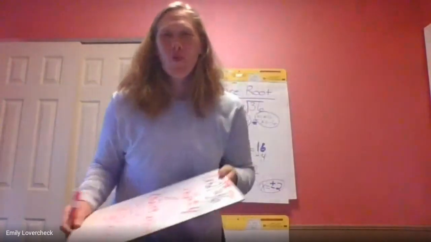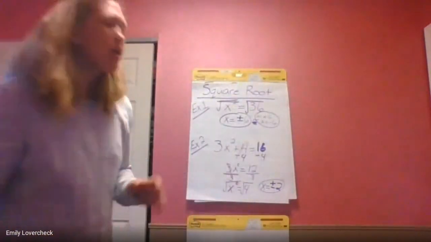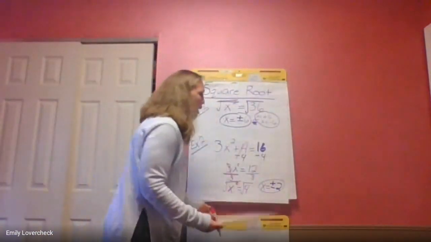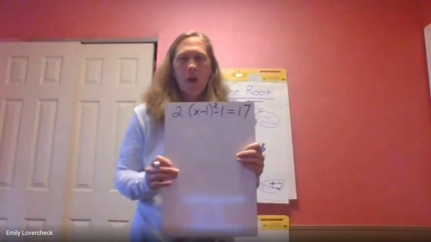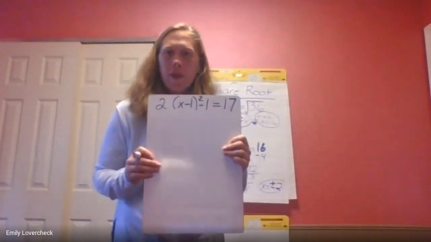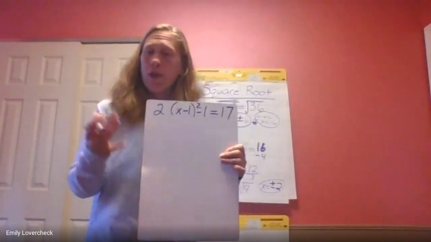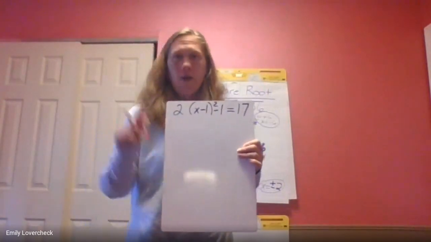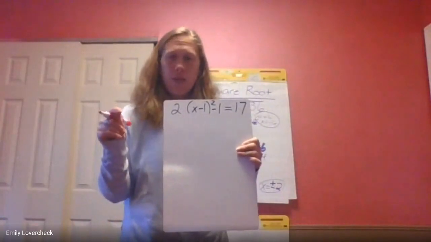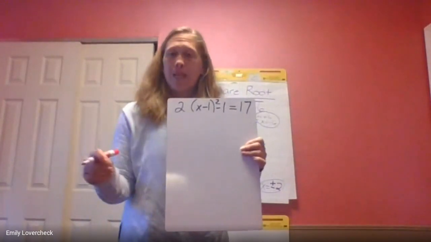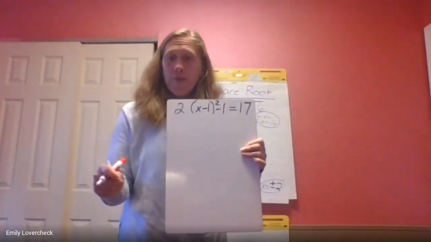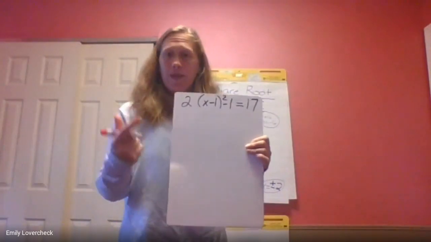Okay, let's do one more here, just something a little more complicated. This will probably be the hardest thing you'll see on your test. I have 2 parentheses, x minus 1 squared, so that whole binomial squared, minus 1 equals 17. The first thing I'm going to do is isolate the binomial that's squared.